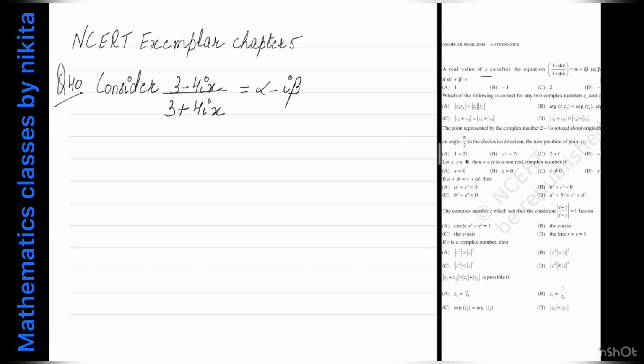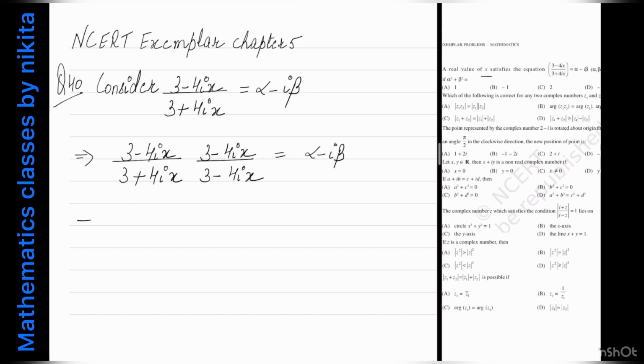So first I will try to get rid of this. So therefore from here I get that this is equal to, I will multiply and divide by 3 minus 4ix. So you will get this thing. So this is equal to alpha minus i beta.